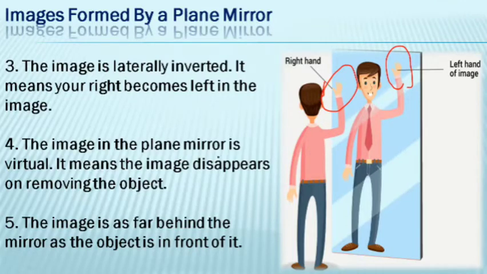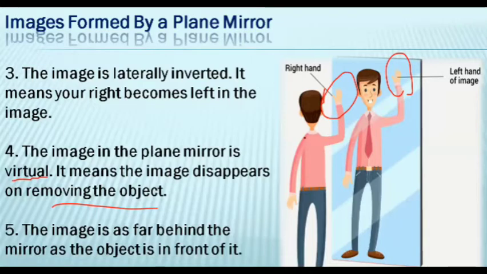Number four, the image in a plane mirror is virtual. It means the image disappears on removing the object. Why is it so?